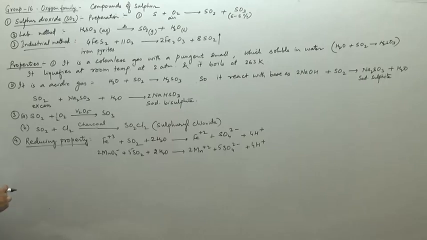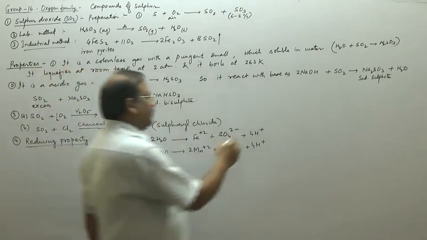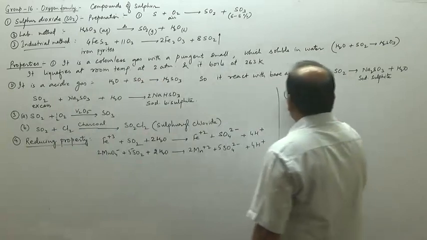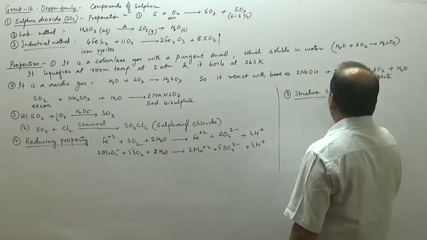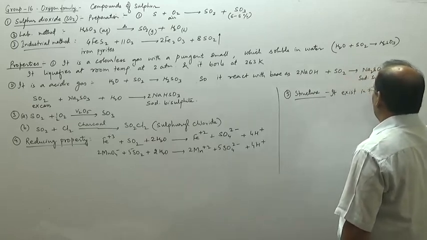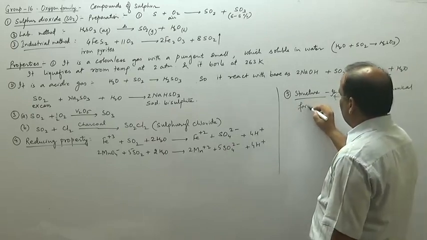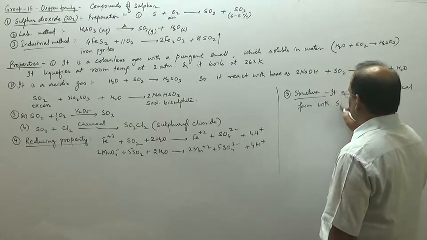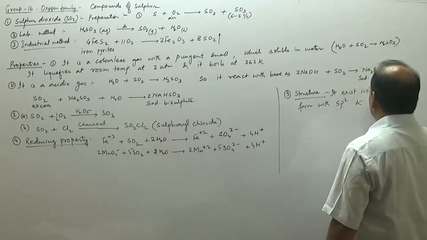Next we can write that it is angular in shape and exists in two canonical forms. So its structure we are going to write. It exists in two canonical forms with sp2 hybridization and a planar structure, that is, an angular shape.